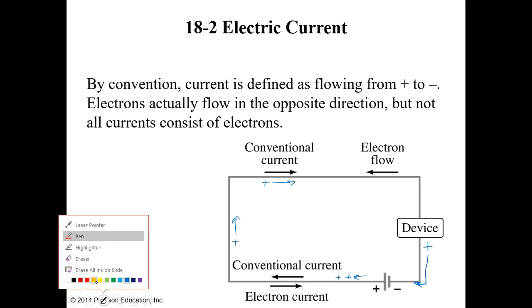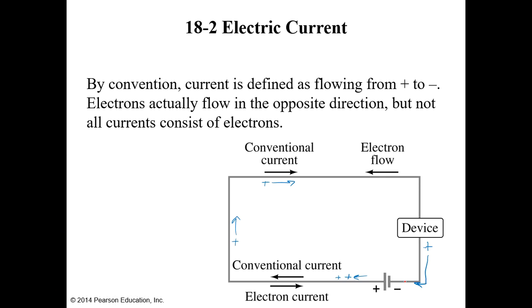But on the other hand, negative charges are repelled by the negative terminal, so negative charges are flowing in the opposite direction. And then by the time they get over here, the negative charges are attracted to the positive terminal. So you have positive charges and negative charges flowing in opposite directions.